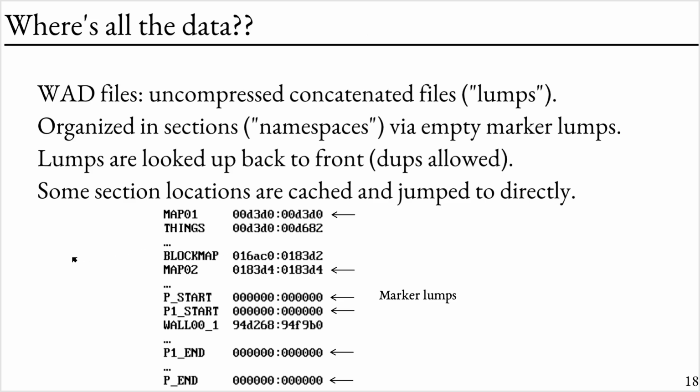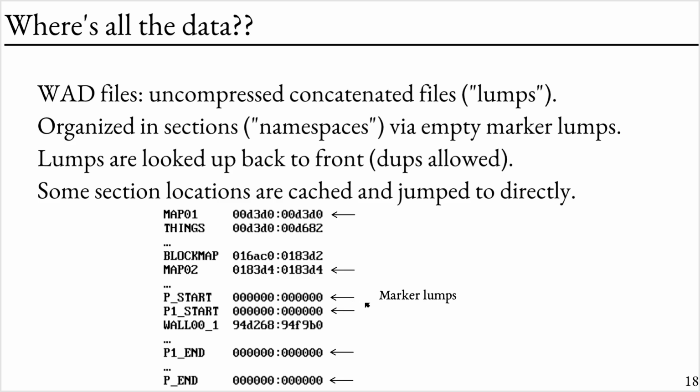So, what are these game files? They're called WAD files, short for Where's All the Data, and you can think of them as tar files, essentially. They're an uncompressed collection of concatenated files, also referred to as lumps, organized into sections, also referred to as namespaces, via empty marker lumps. I've marked a bunch of them here.